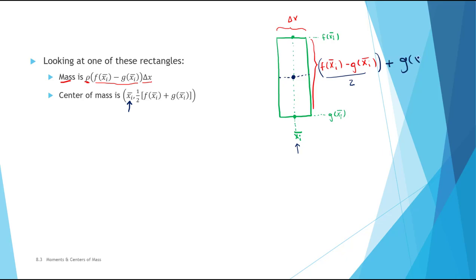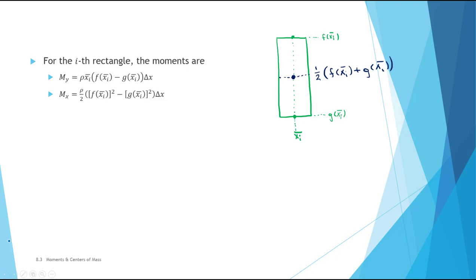So we take g of xi bar and we add half the height of the rectangle. Then by the time you get a common denominator and combine these terms, you end up with 1/2 times f of xi bar plus g of xi bar. Okay, if you're not quite seeing that, just take this guy and multiply by 2 over 2 and add the fractions. So that gives us the y value of the center of mass of that rectangle.